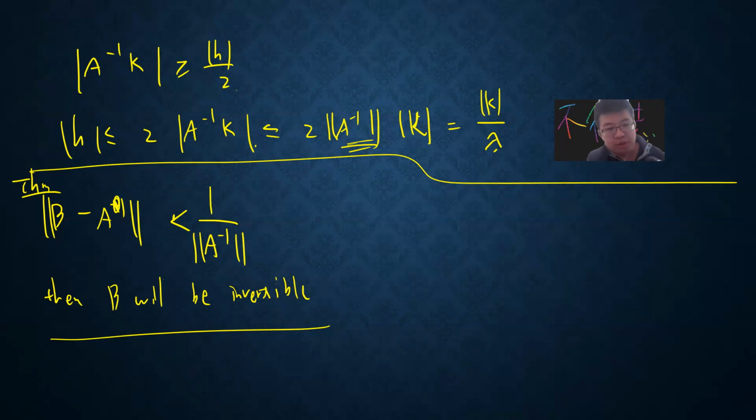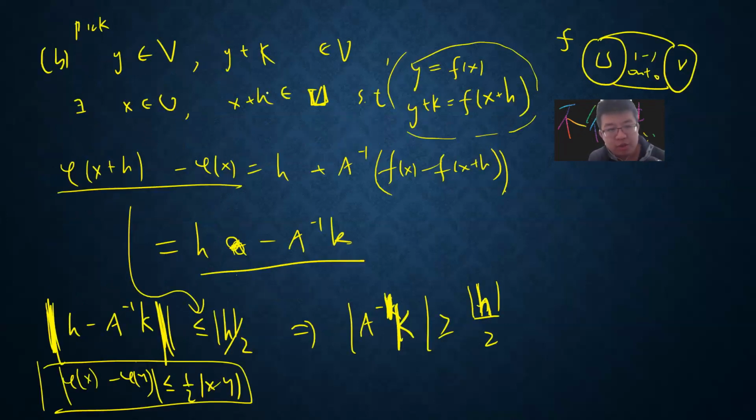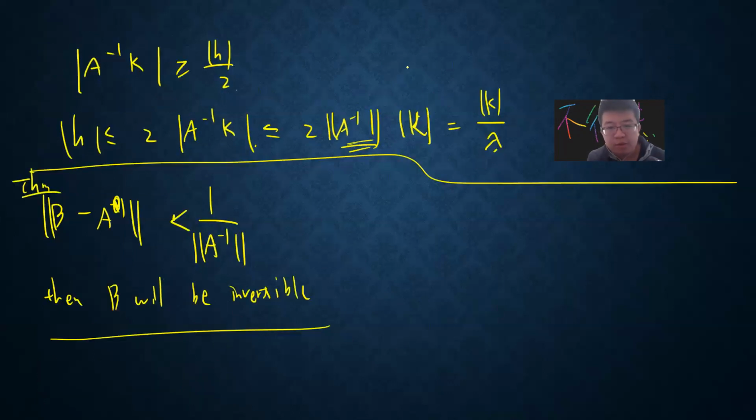Okay, so now this difference h is very close, closer than 1 over the norm, which tells you that it's invertible. So f prime of x has an inverse, by this theorem.